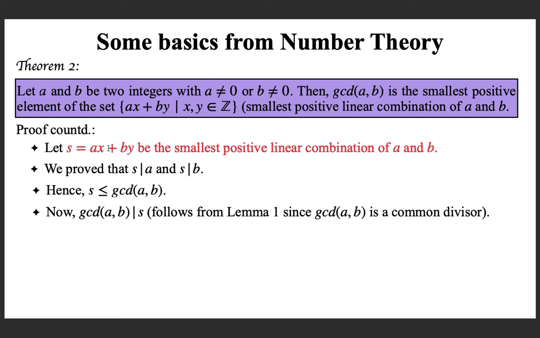And S is a linear combination of A and B. So, from lemma 1, it follows that GCD of A and B divides S. I hope you remember lemma 1, otherwise please go back and see what result we proved as lemma 1.